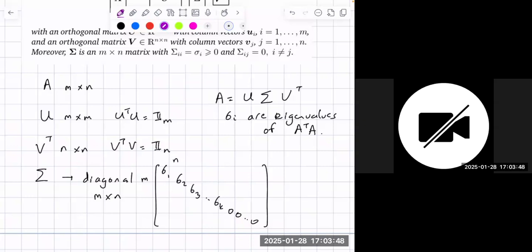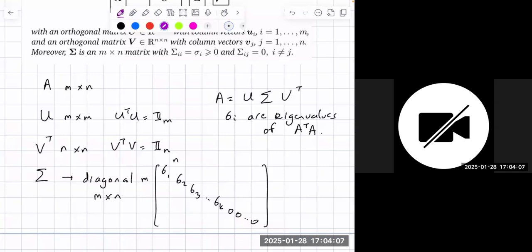Usually the convention is they start from the biggest one and line up until the smallest one. If you have a 0, of course, that's the smallest one. And whenever you have a 0, that means your matrix is not invertible. That's fine. Sometimes it's actually very useful.